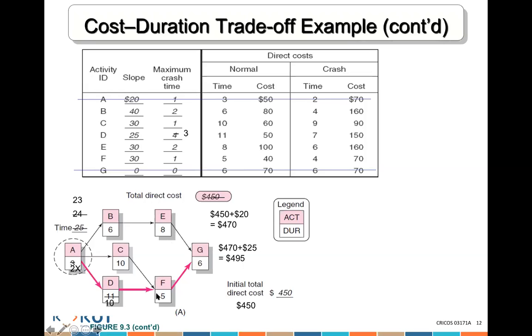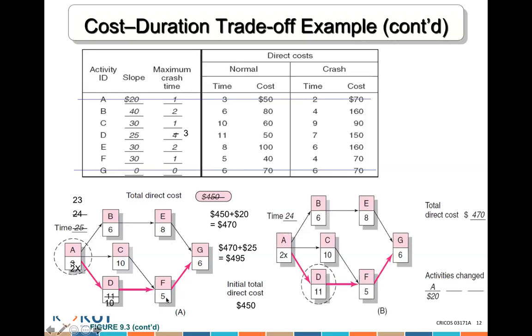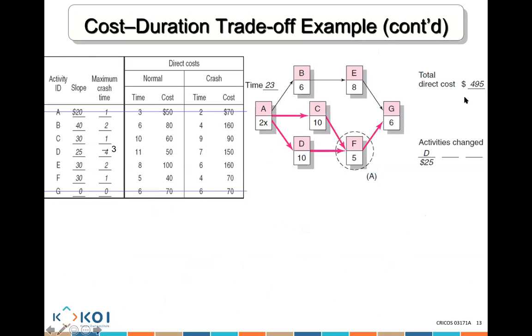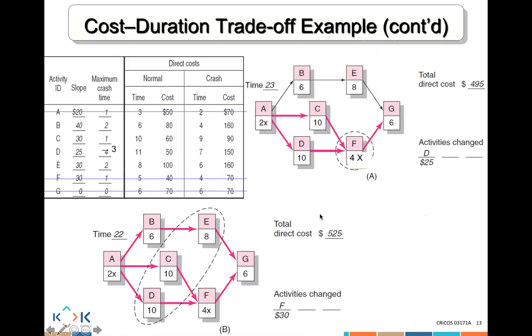And then F, because you're going to crash it, instead of 1 it's going to become 0 here. And this is going to become 4 because you can only crash it by one period of time. Yep. So that's what I got you here. 495. And then I crashed F. This is a line. And now the cost becomes 525.